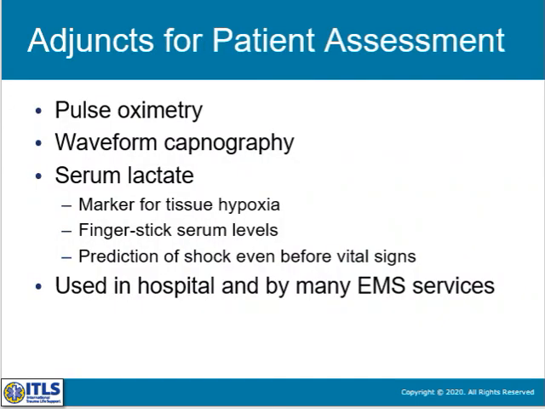Adjuncts: pulse oximetry, and waveform capnography is now the gold standard, and everyone should be using capnography for these patients. Serum lactate is fantastic if you have it, but not a deal breaker. It's great for your septic individuals as well.